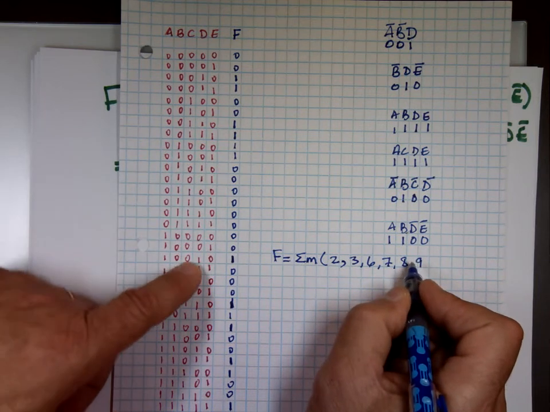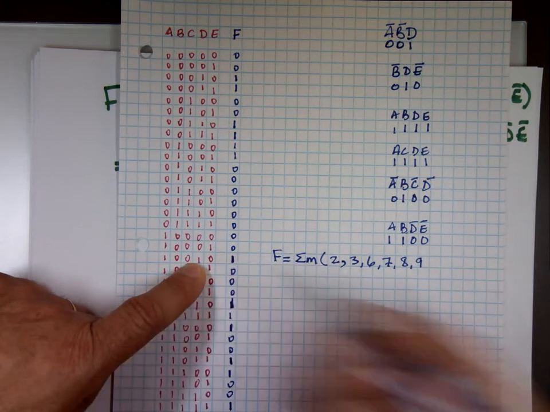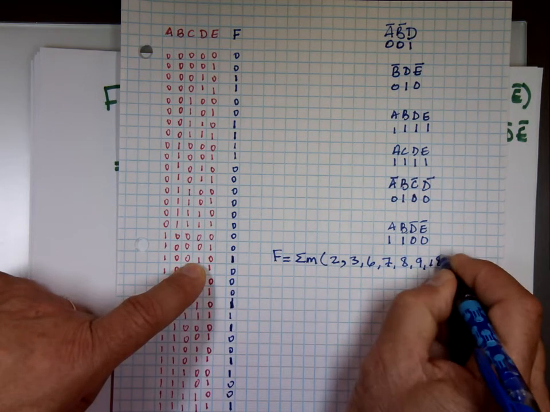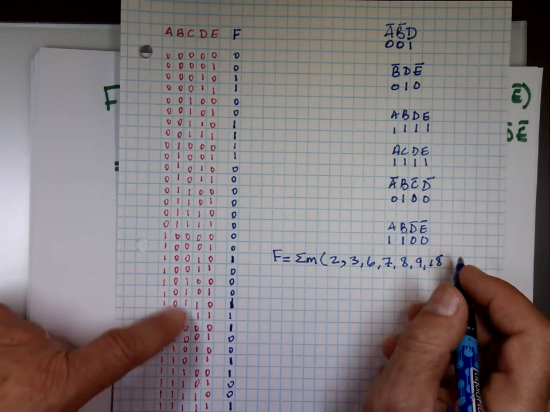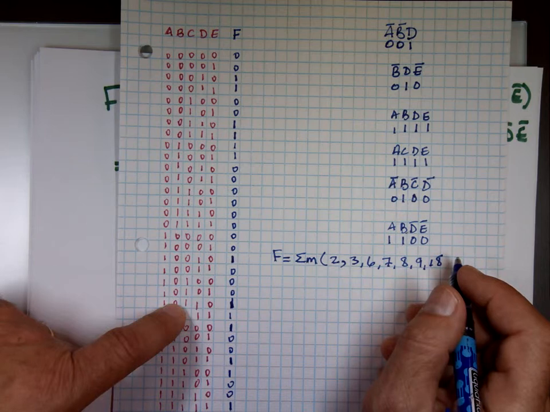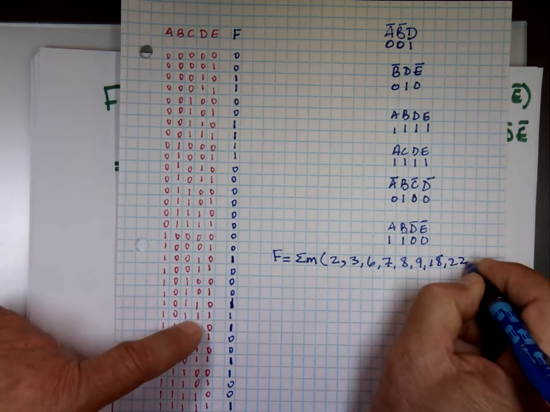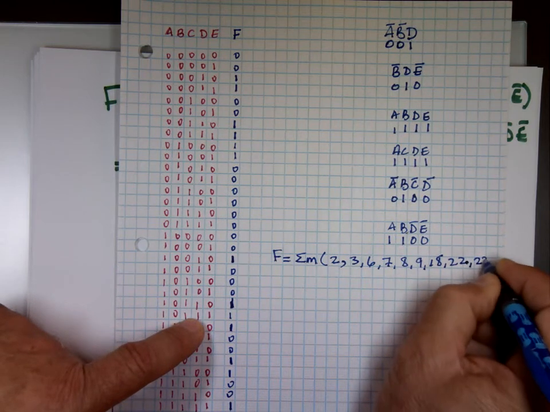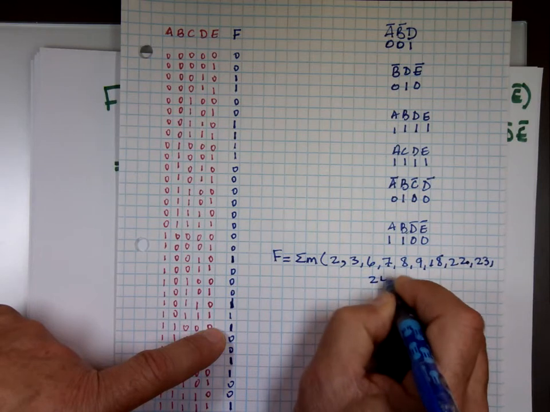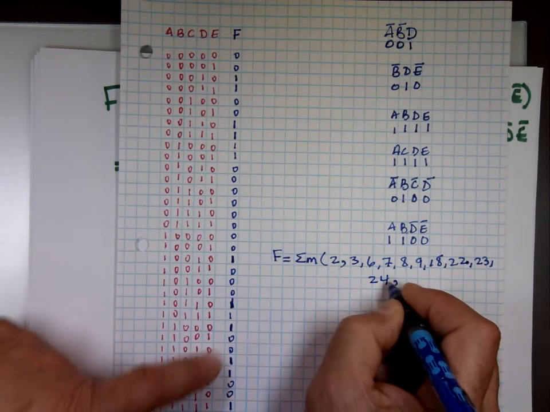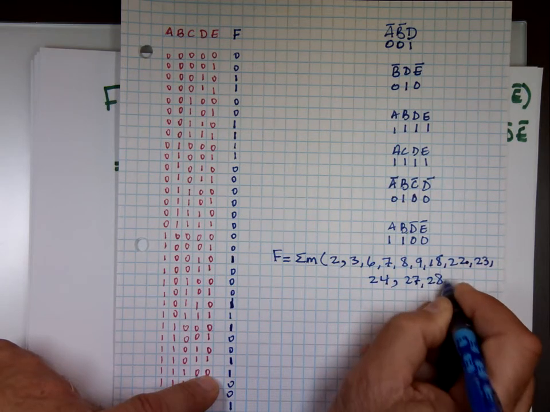The next one, 16 and 2 is 18. Next one, 16, 4 is 20. 22. 23. 24. 25, 26, 27. 28. And 31.